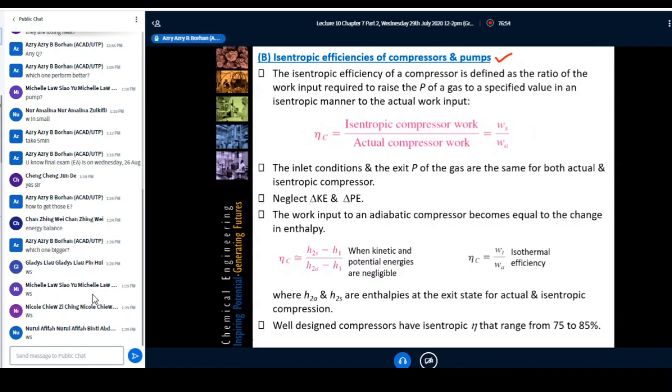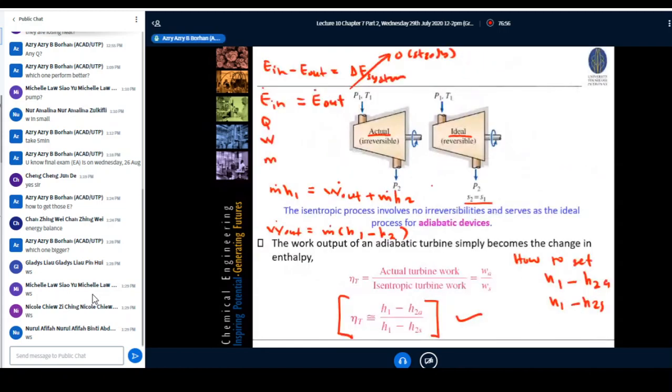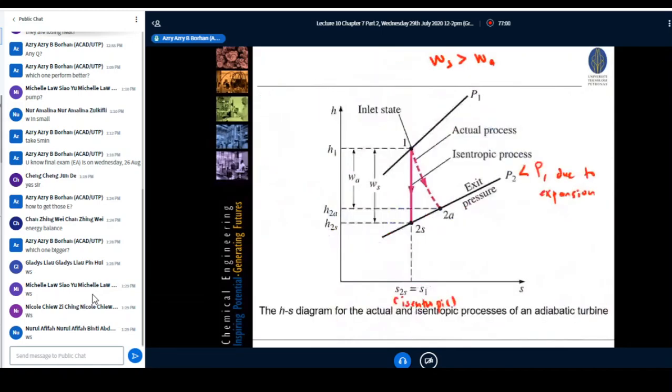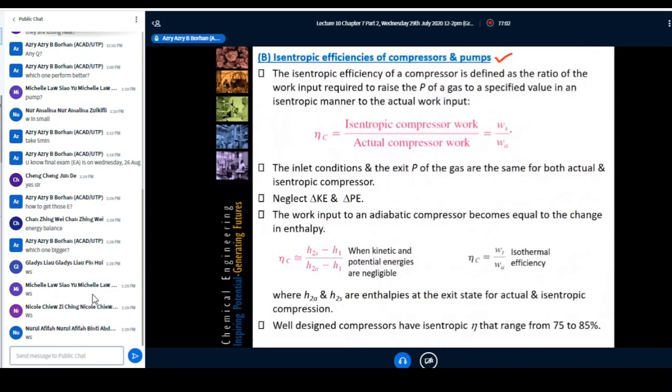If you have the isentropic efficiency for a turbine, which is expressed by WA over WS, then for compressor, basically, you just turn it upside down. You just simply change places over here. Right? So guys, again, WS, WA can be simply expressed in terms of H2S minus H1 divided by H2A minus H1. You carry out the same energy balance.